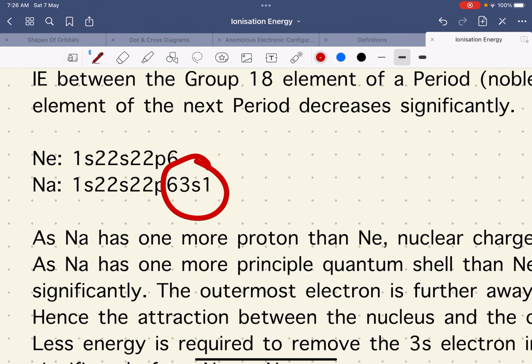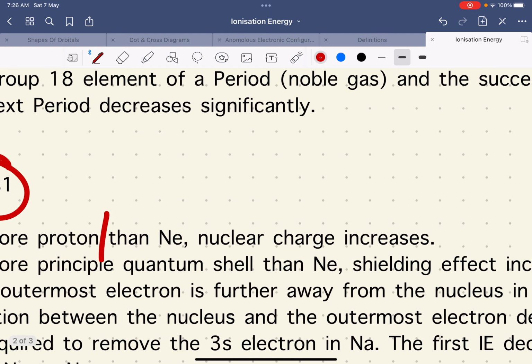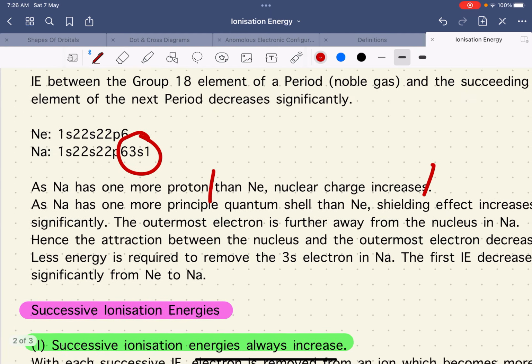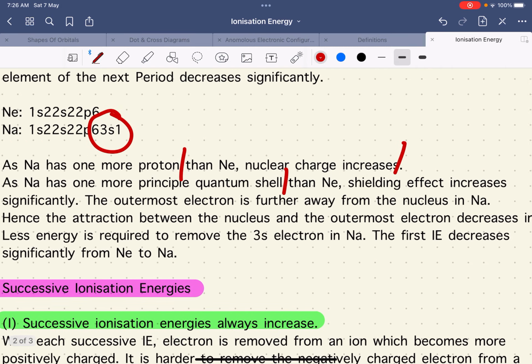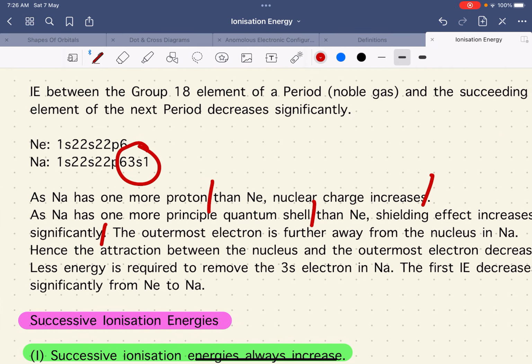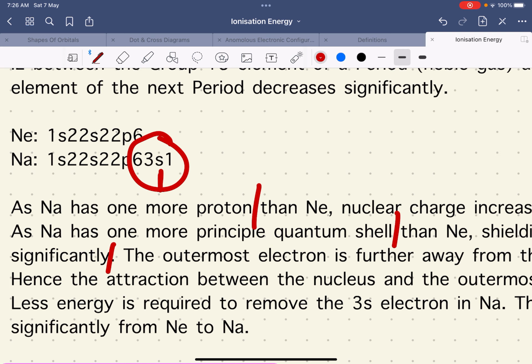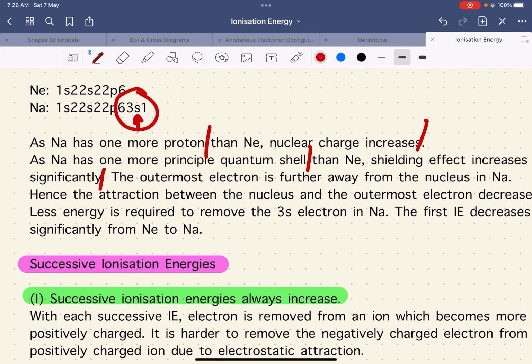As Na has one more proton than Ne, the nuclear charge increases. Okay? And it has one more principal quantum shell than Ne, so the shielding effect in fact increases significantly. Look at this, the principal quantum shell. No, we're not looking at the s, we're looking at the 3. This is the principal quantum shell, okay?